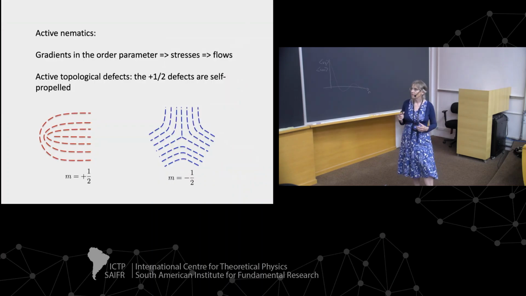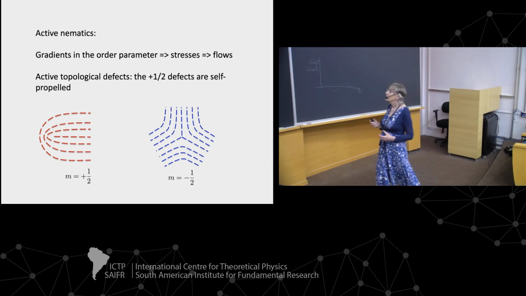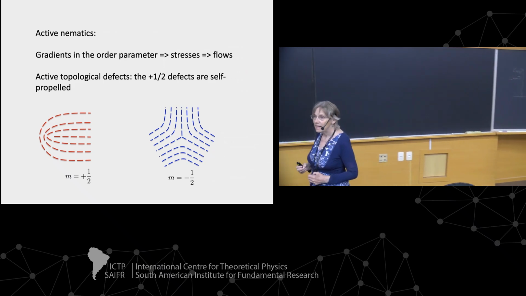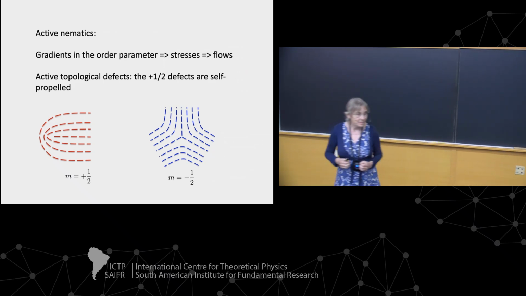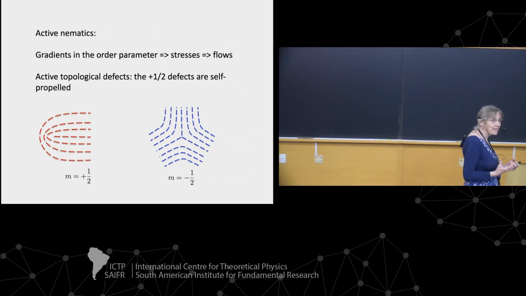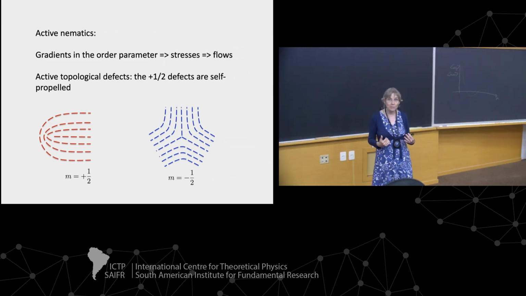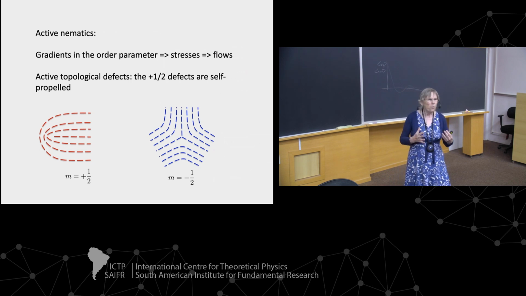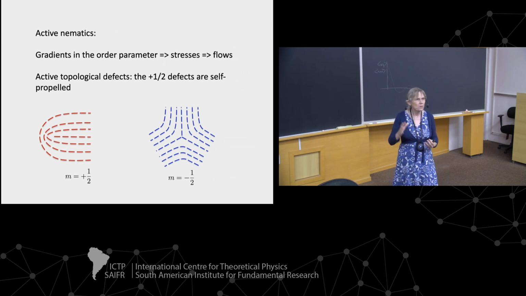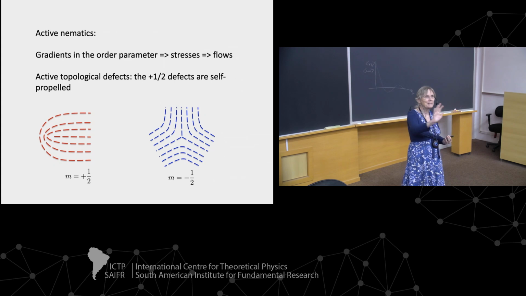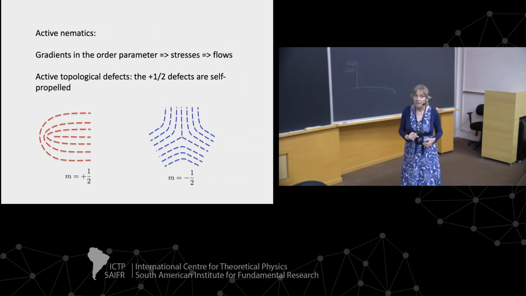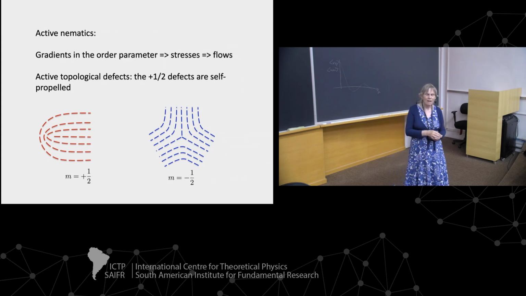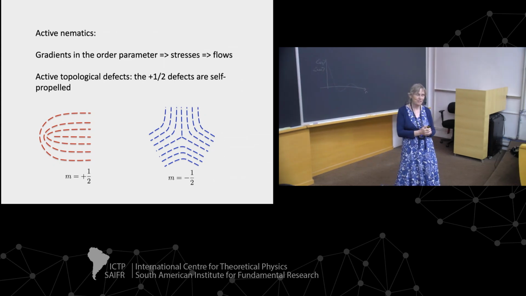So that's active nematics. Okay, gradients in the order parameter give you stresses and flows, and then you get these active topological defects. This is generic active nematics, and what we're going to spend some time doing tomorrow is asking what extra you have to put in, the twiddles on the theory, to look at, say, deformable cells, to worry about the fact that a lot of these systems are not nematic if you turn off the activity.